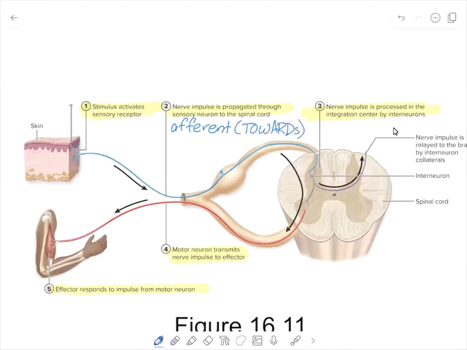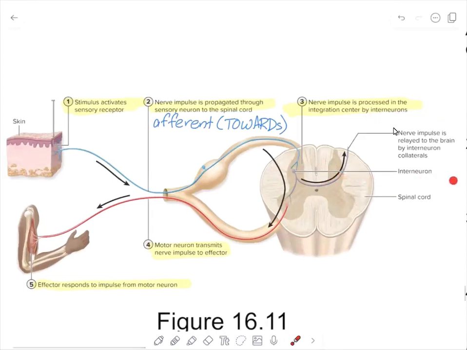nervous system. The next part of this reflex arc is an integration center where there are interneurons. And the interneurons are located in the gray matter of the spinal cord. They make decisions on what's going to then travel towards the effector.